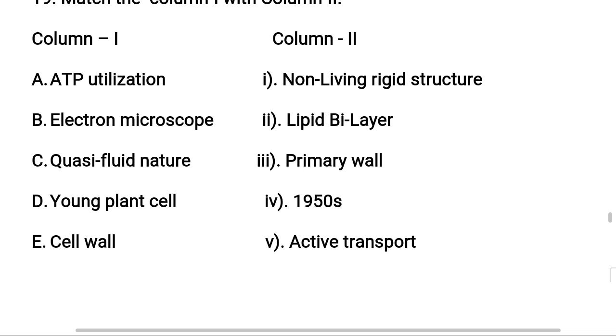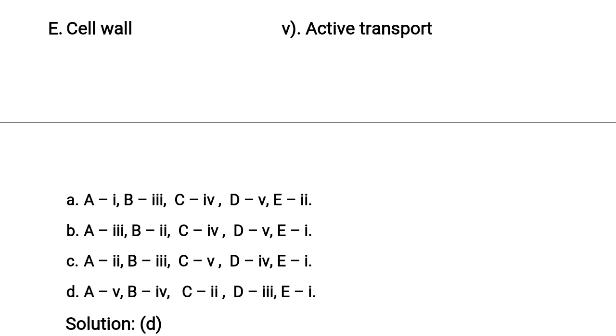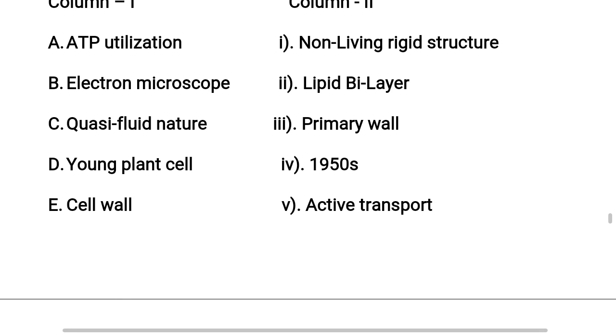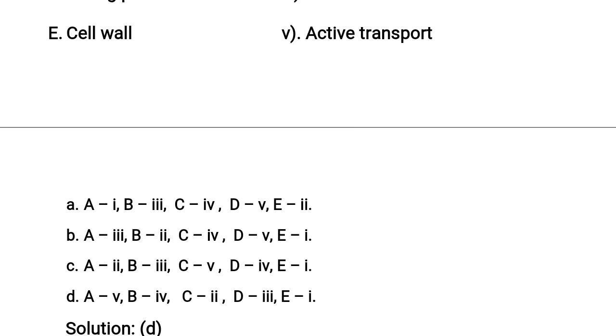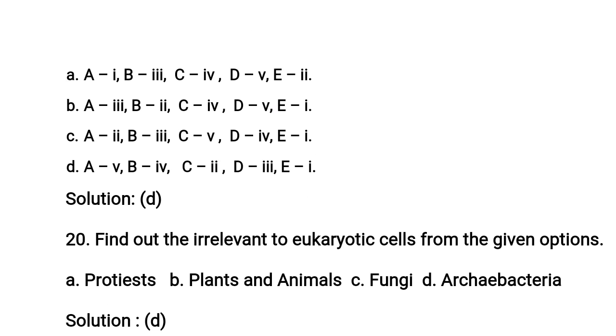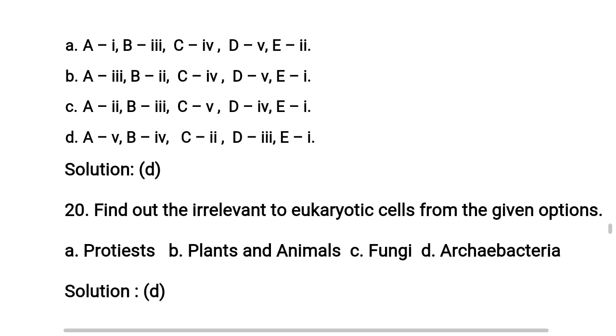Understand? So E is matching with Roman 1. According to the given A to E in column 1 and 1 to 5 in column 2, the correct matching is option D. A is matching with 5, B with 4, C with 2, D with 3, and E with 1.